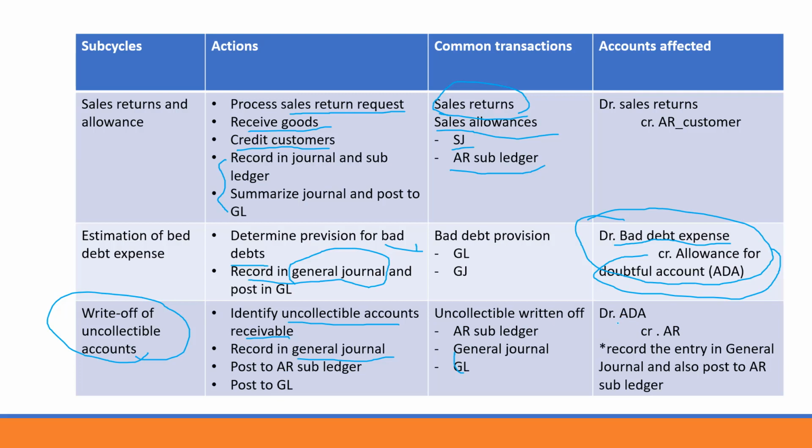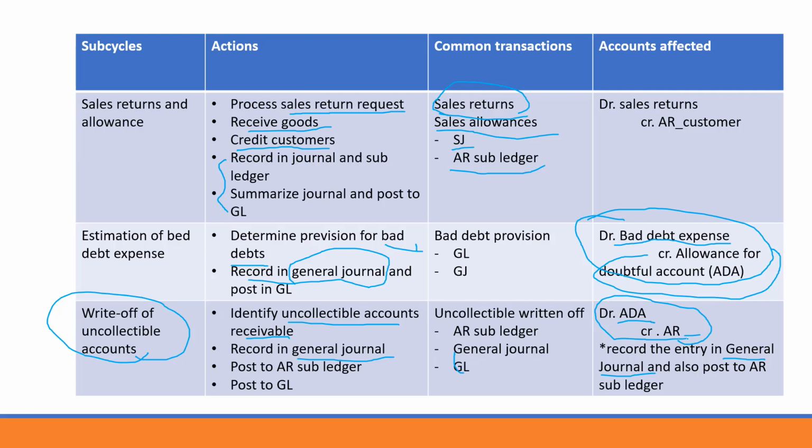So like we listed here, the entry would be debit ADA, allowance for doubtful accounts, and credit accounts receivable. We know that we're going to credit that particular customer. However, I didn't put the AR customer's name here because this entry will be directly recorded in the general journal, versus the previous entries, which are all recorded in special journals. So here we only have accounts receivable for the general ledger.